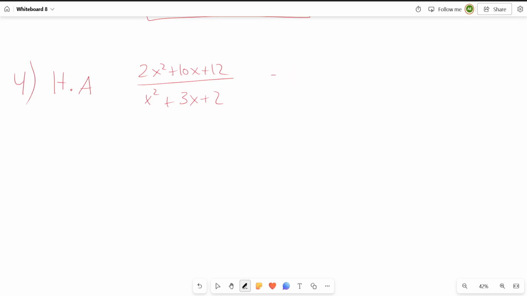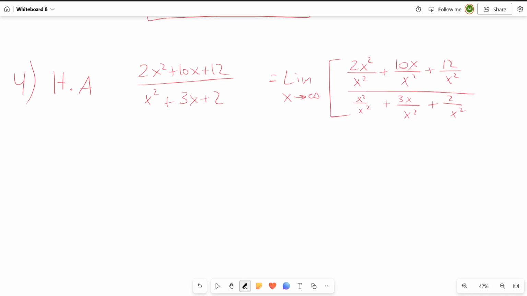So this is going to equal the limit as x approaches infinity of everything divided by x squared. This is going to be 2x squared over x squared plus 10x over x squared plus 12 over x squared, over x squared over x squared plus 3x over x squared plus 2 over x squared.